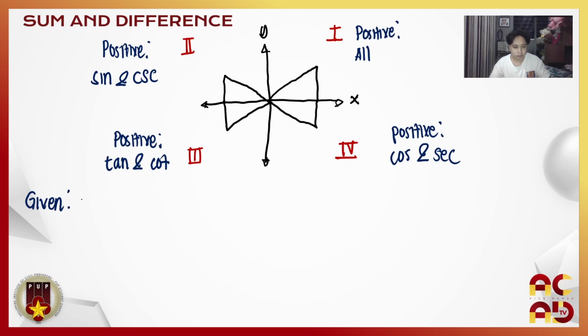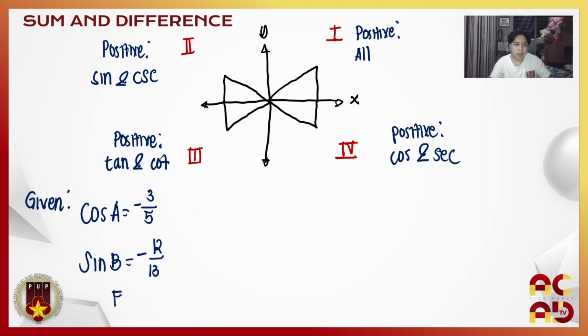na cosine A na negative 3 over 5 and then we have sine B na negative 12 over 13. Yan.